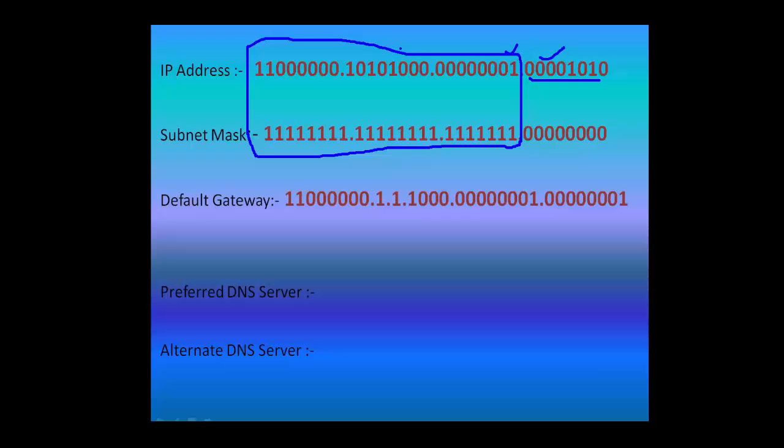It will remain the same in the same network. This portion remains the same in the same network, and this always varies from one device to another device. It will change. Suppose one device is given 10, the next device goes to 132, then next 3.